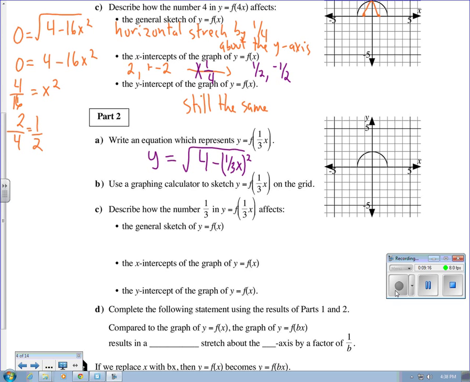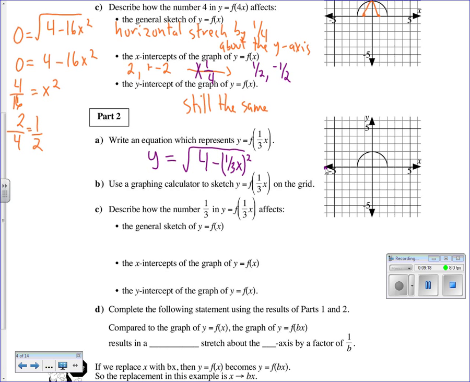The x-intercepts have changed by a factor of 3. They've grown. My y-intercept is still the same. So I've got this semicircle that's kind of in that format. So I've got a horizontal stretch. Remember, it's an opposite for x.